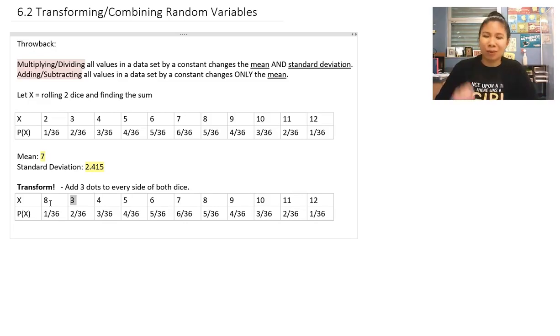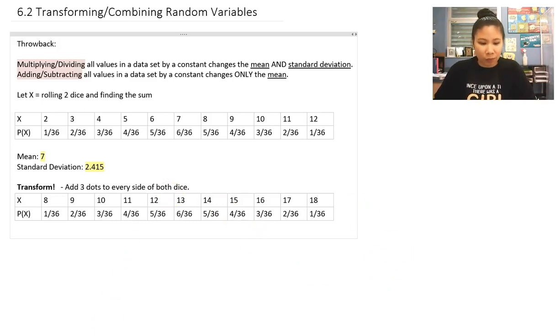Oh gosh, I'm really bad at grammar, guys. All right, 9, 10, 11. So that'll change all the outcomes of my random variable to numbers from 8 to 18. But the probabilities would still be the same because when we roll the 2 dice, we're doing the same action, just with different numbers for the outcomes.